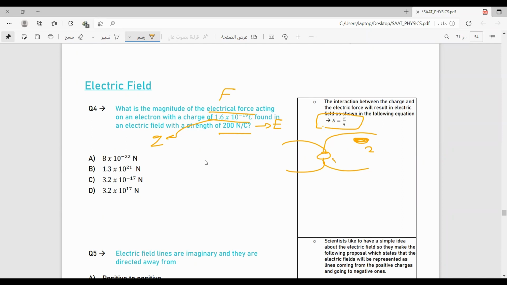So what do you think the answer will be? You are right. It is C.